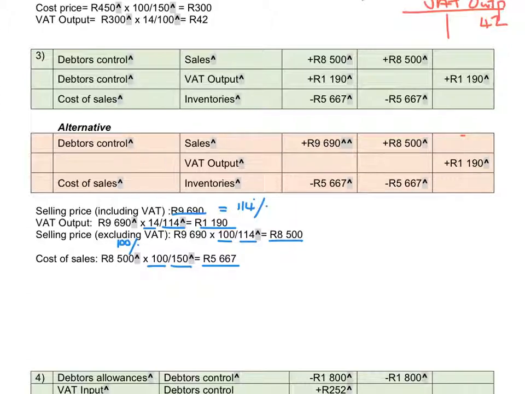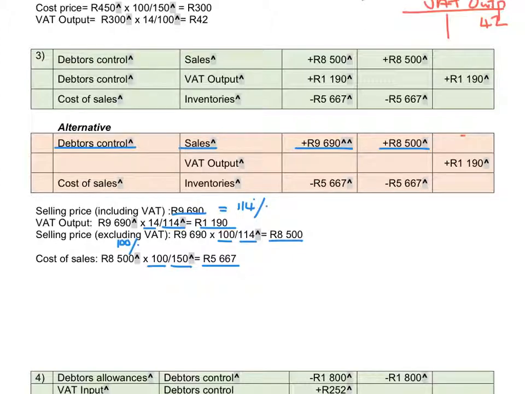The debtors control account will be debited with the sales price because that is the amount that they owe the business, and assets will increase. Sales will increase the profit, therefore the equity will increase because the owner will get a bigger profit.